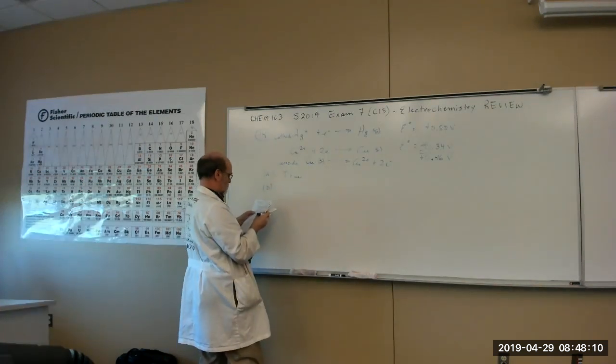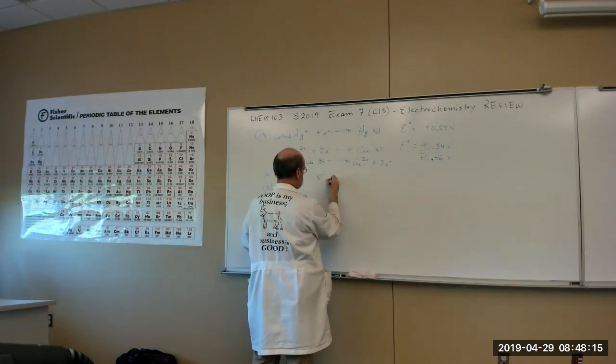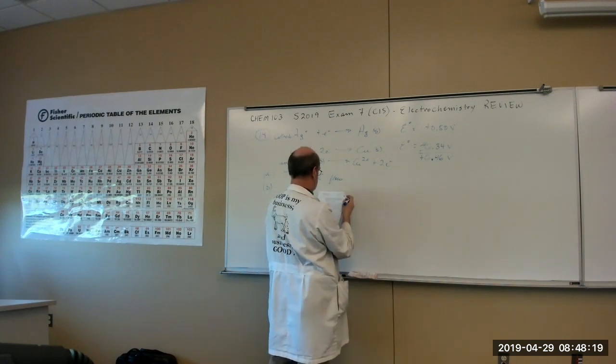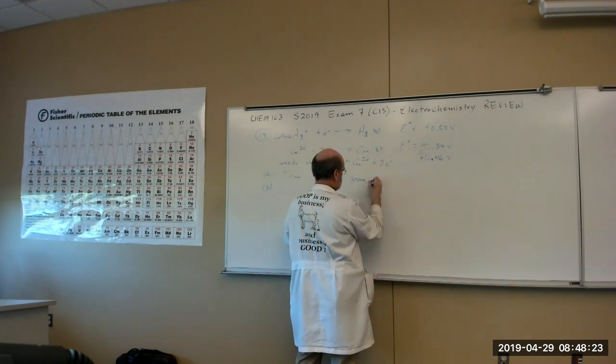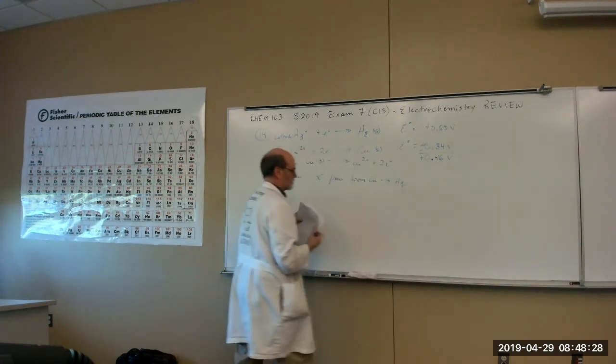B. Let me abbreviate that. Electrons flow from copper to silver. That's true.